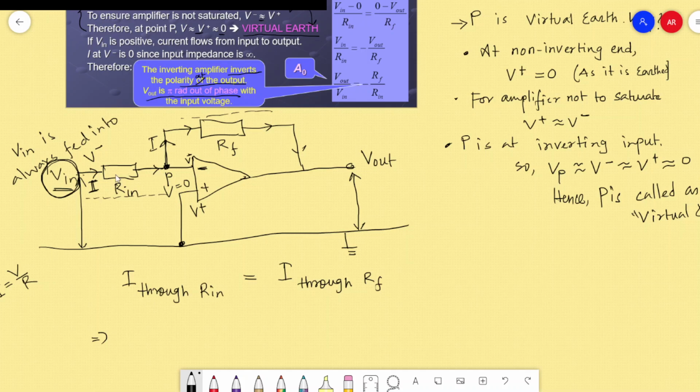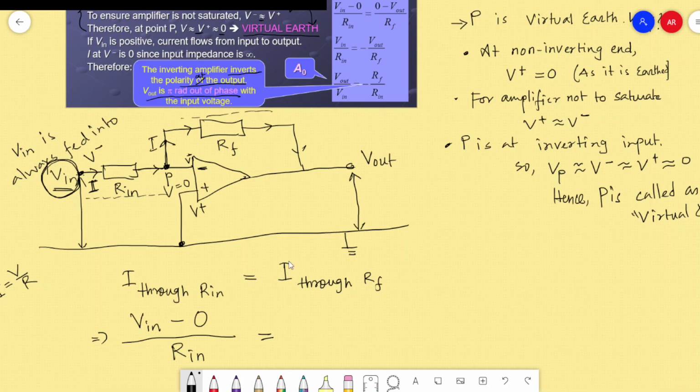Between the input end and P, which is maintained at 0 voltage, I equals V input minus 0 divided by the input resistance. I equals V by R.